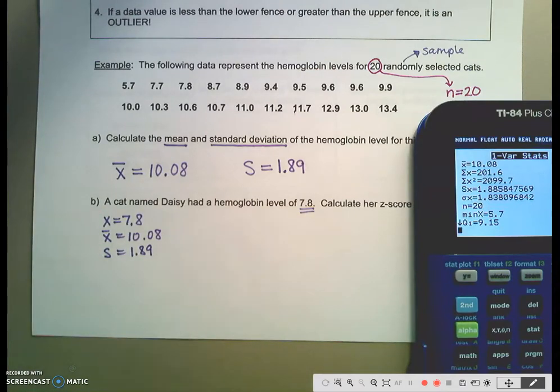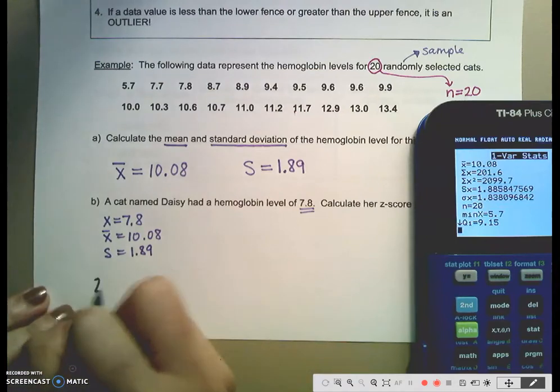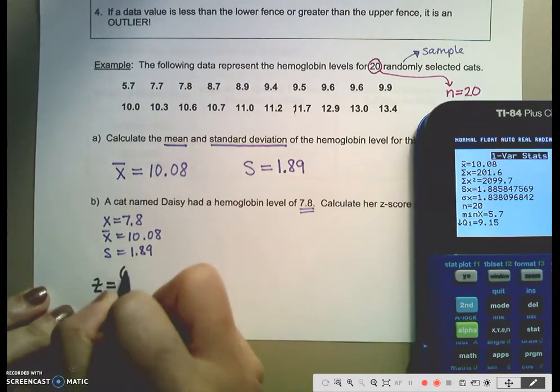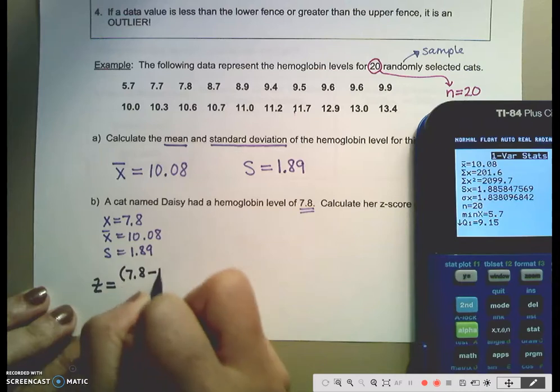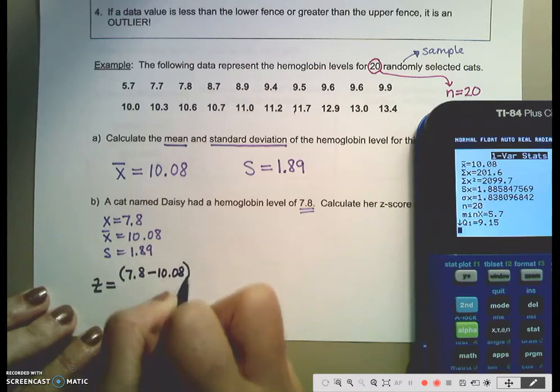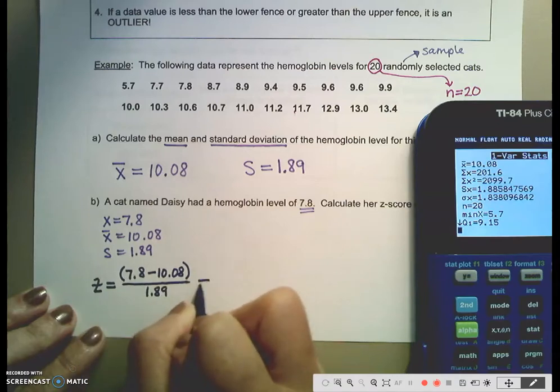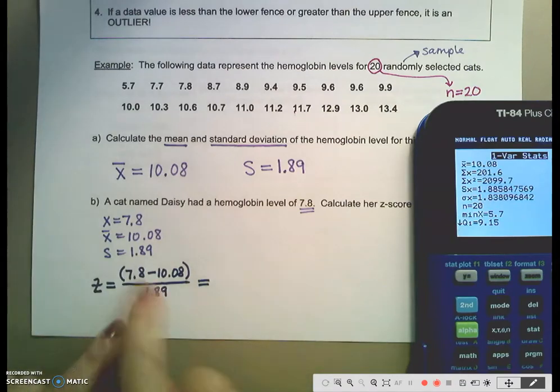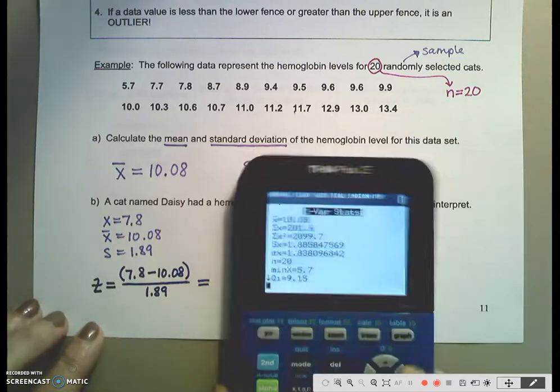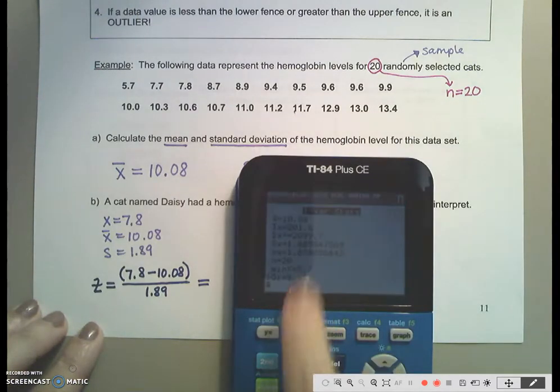Okay, now to calculate the z-score, you go data point minus the mean over the standard deviation. Let's see what this is going to give us. Now, you'll notice her hemoglobin level was lower than the average, so this should turn out to be a negative number. So I have to quit to get out of this screen.